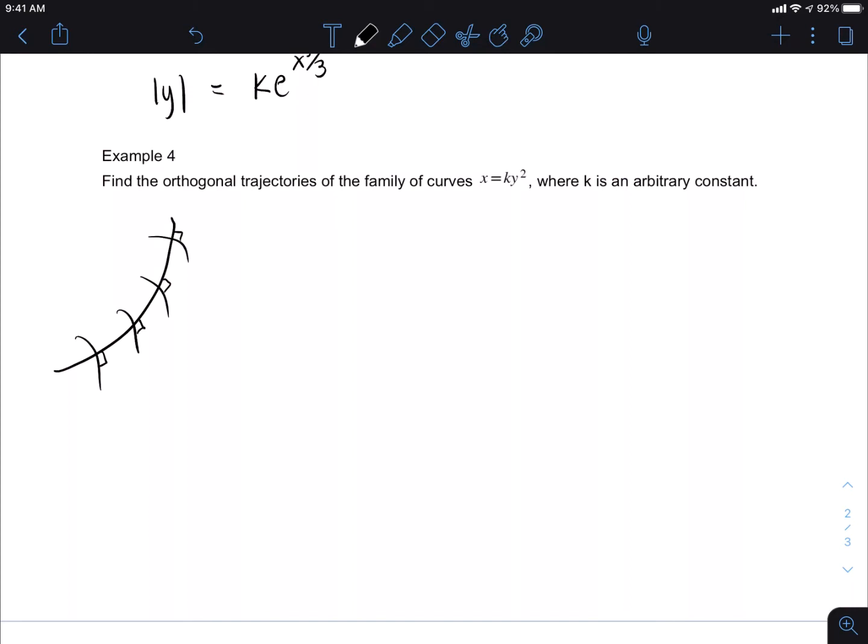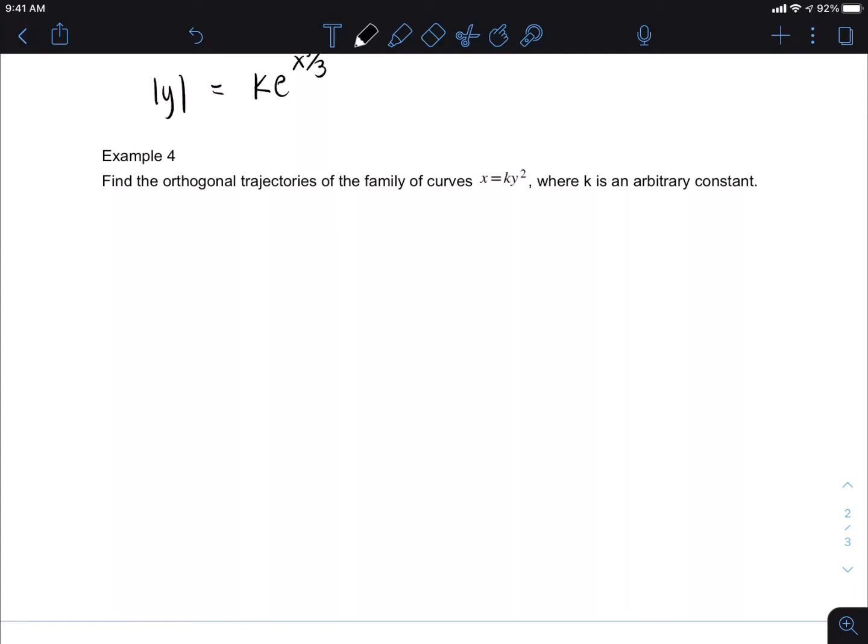Isn't that cool? So like typically if you have a hyperbola, an ellipse is orthogonal to it. There are some cool pictures in your book, and I recommend that you look at them so that you can better understand them. But all that's happening here is understanding orthogonality.